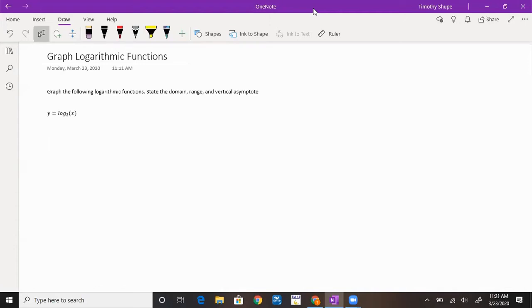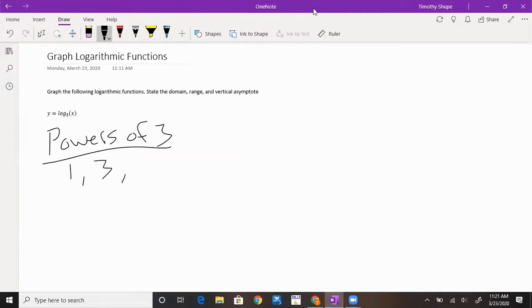Now, the first thing that I'd want to do is to be able to find the powers of this base. So if I look at the base of 3, the first couple of powers that we can do, powers of 3 are 1, 3, and 9.